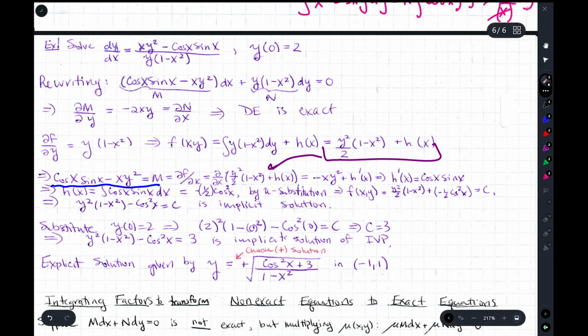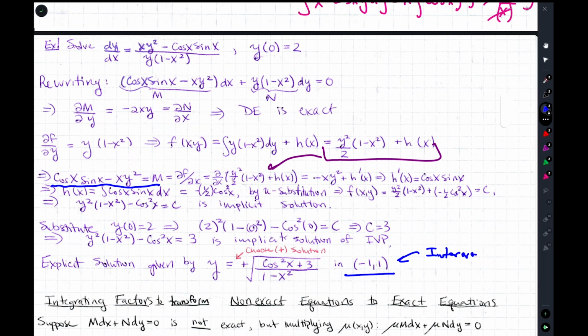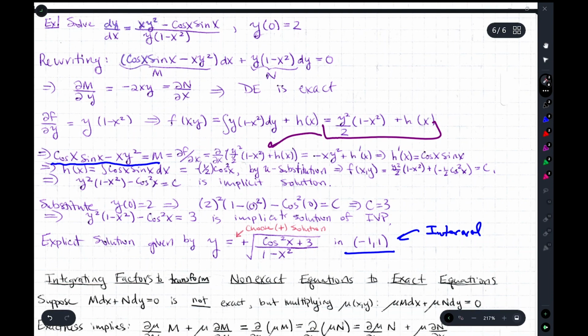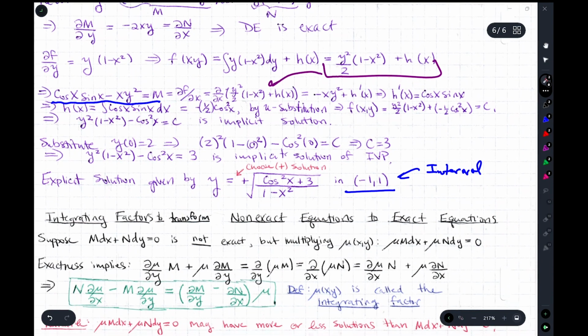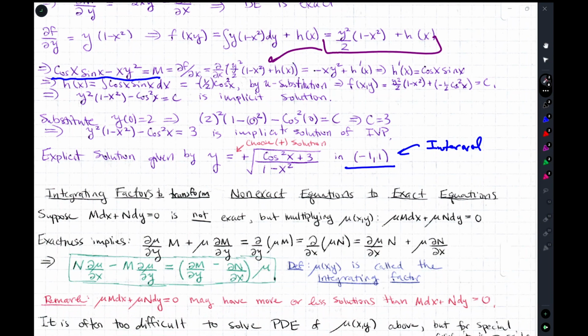We want the positive, so that y equals 2 when we plug in x equals 0. And now this is the interval of definition. This is an interval, not a point. This is from -1 to 1 because we can't divide by 0. So we actually have an explicit solution there.